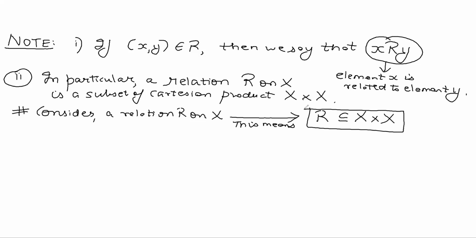So whenever I write in the question, consider a relation R on A, what will that mean? R is a subset of A cross A. Consider a relation R on Z, it means R is a subset of Z cross Z. So I hope all the students have understood this.